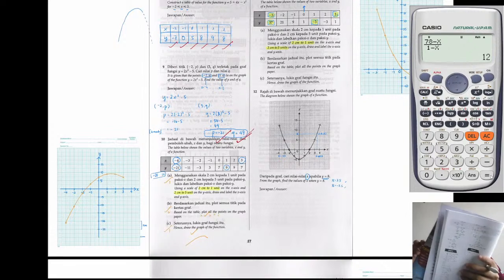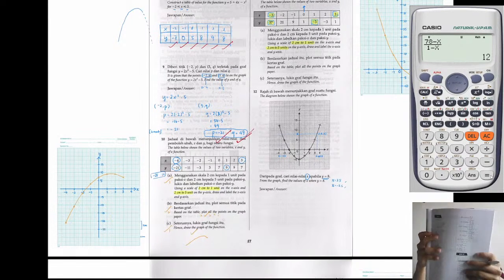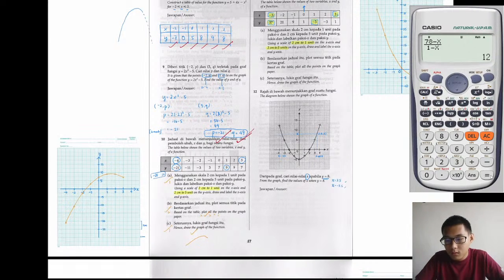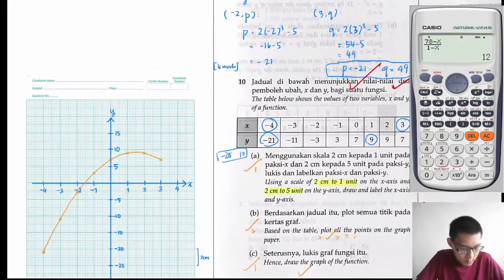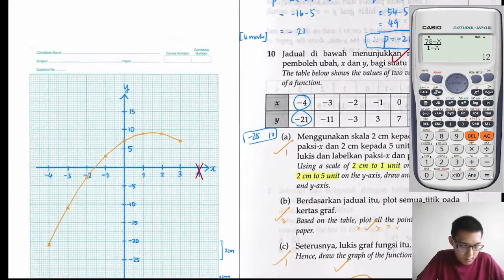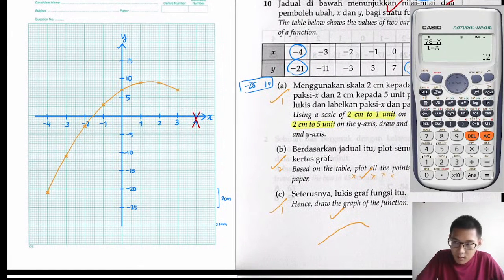So when plotting the graph, you can check the answer here. If possible, we skip this, to prevent some strict examiners who will really try to deduct your mark.